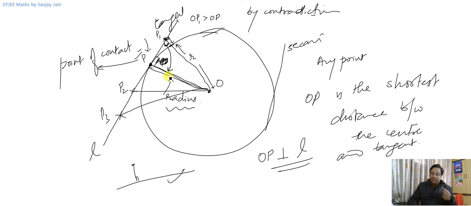But it is not true, because this side here is greater than the radius, which we have already shown. Then your assumption that this angle is 90 degrees is wrong. So by using this contradiction, you can show that this is not going to be the 90 degrees angle. This is the angle that is going to be 90 degrees. This is how you can think about this.